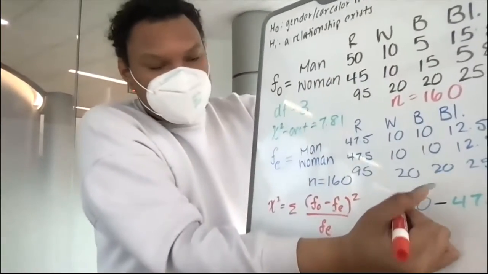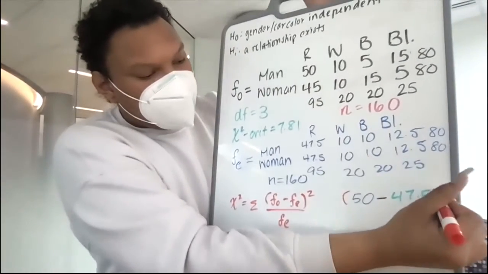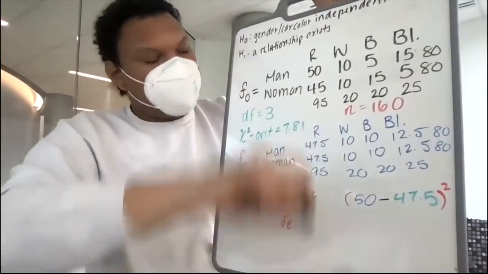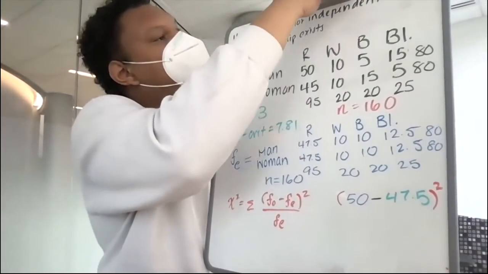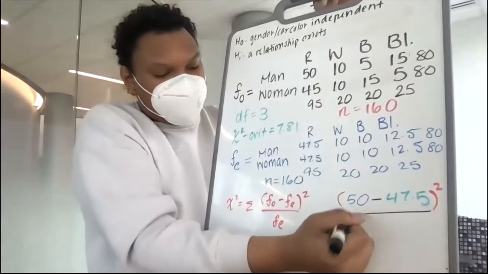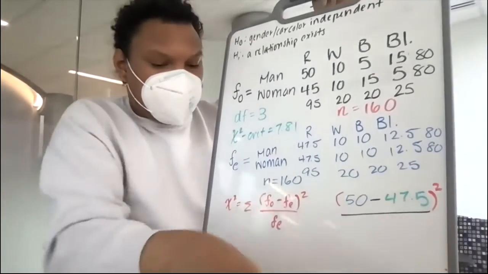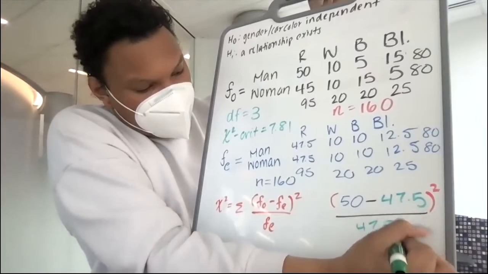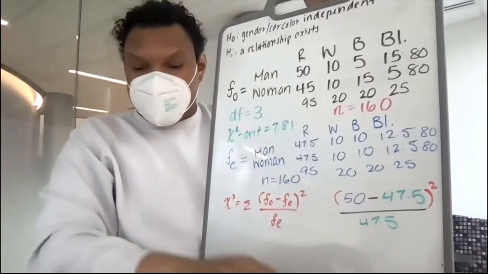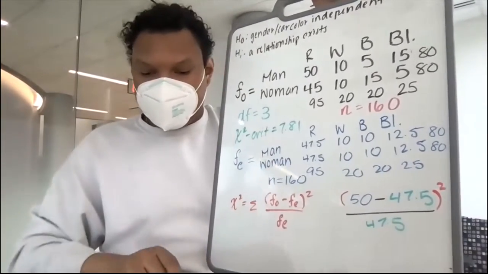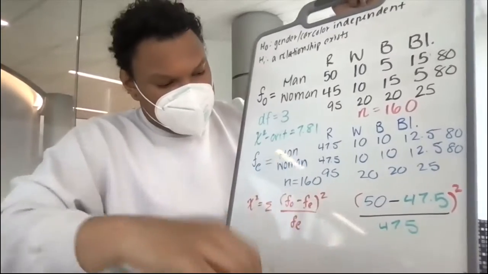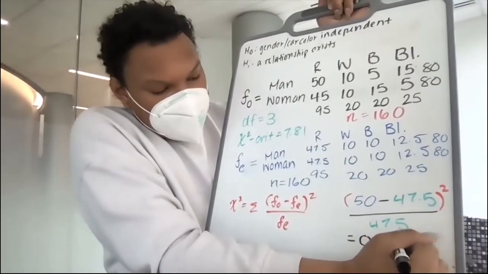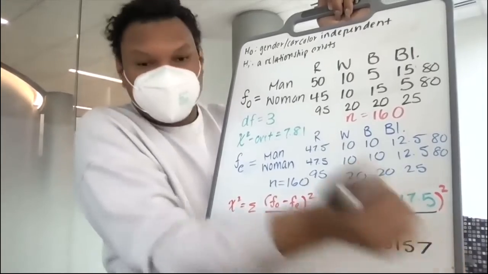All of that will be squared, which then will be divided by 47.5. And that will give us the answer of 0.13157.